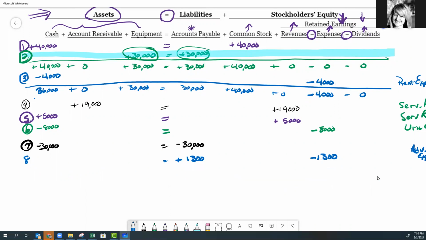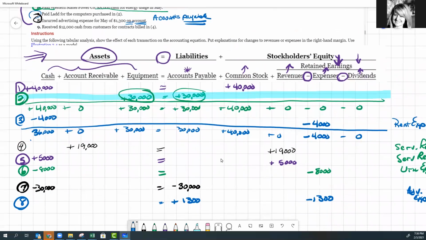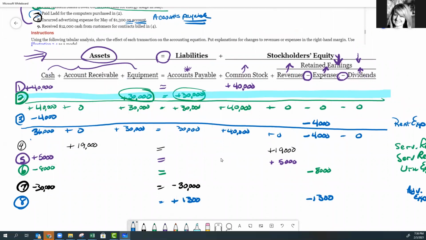Okay. All right. So let's go to number 9, I think is our last transaction. So number 9, we received $12,000 cash from customers for contracts billed in number 4. So now let's take a look at number 4. So here's number 4. And in number 4, we provided services.